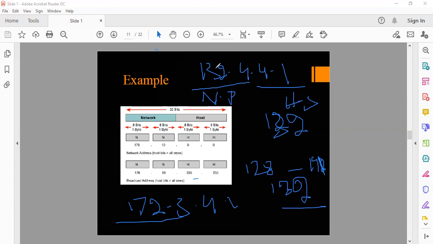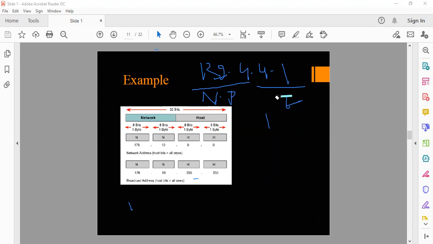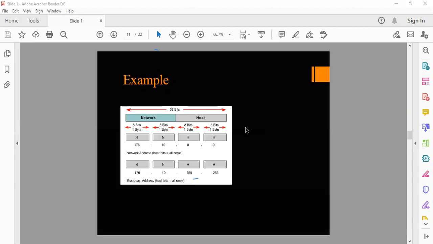Then we will study, here's the eraser. Suppose we have an IP address in the form of 176.10.0.0.